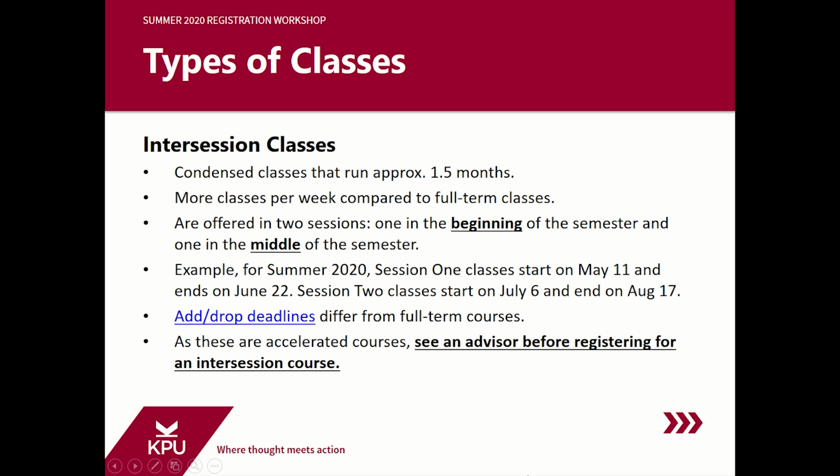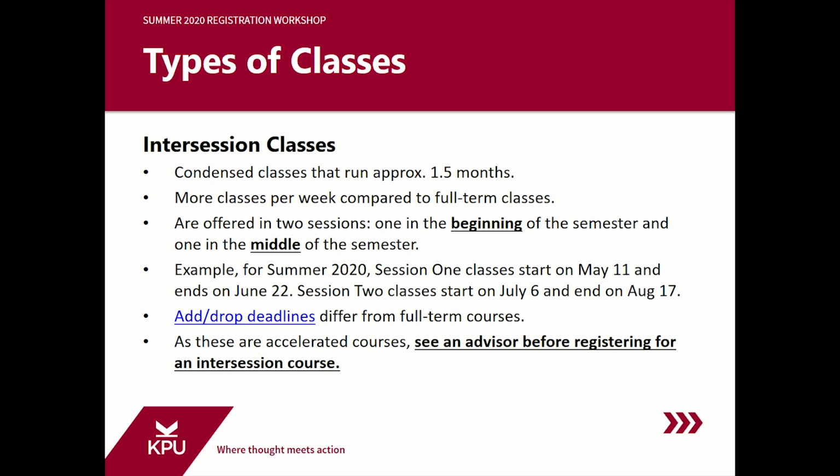Inter-session classes, these are condensed classes that run approximately 1.5 months. Compared to full-term courses, inter-session courses have more classes that you will need to attend each week. These courses are offered in 2 sessions, one in the beginning of the semester and one in the middle of the semester.